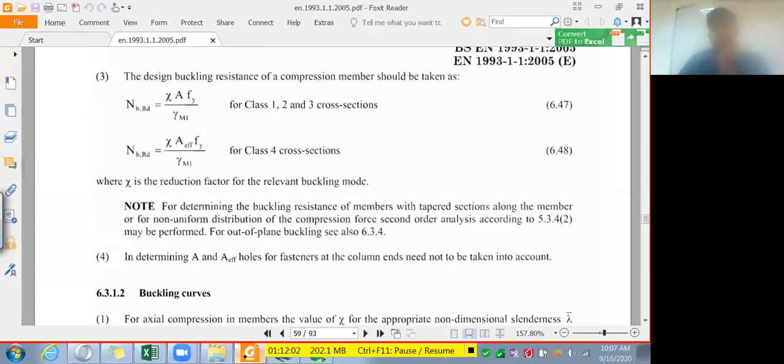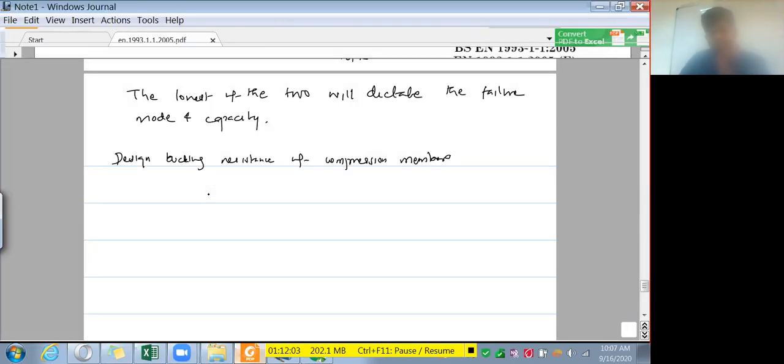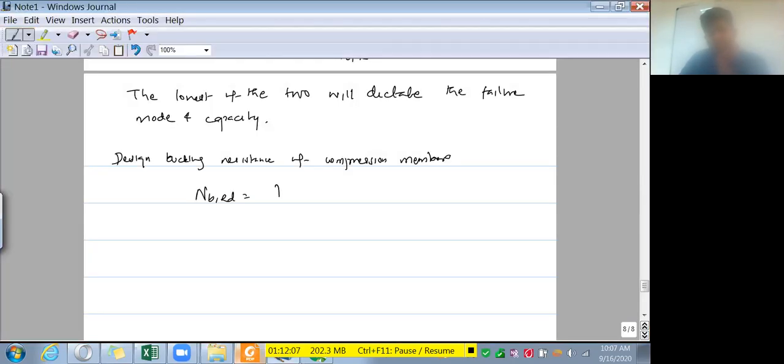NBRD is equal to chi times A times Fy over gamma M0 for classes 1, 2, and 3.